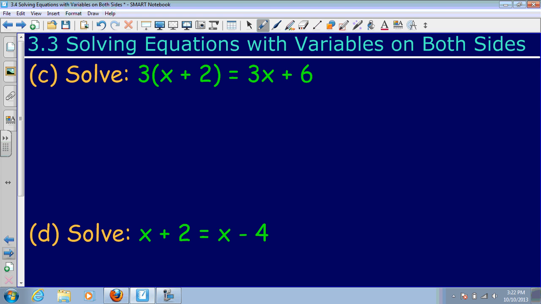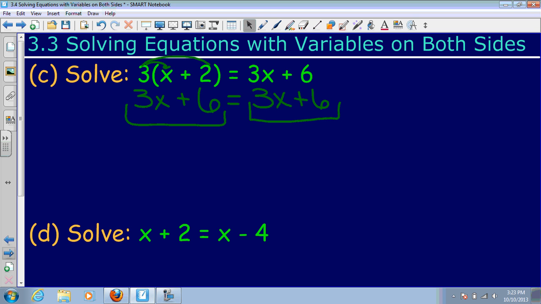C, what do we need to do first? We need to distribute. So 3 times x is 3x plus 3 times 2 is 6 equals 3x plus 6. Maybe you noticed something. Both expressions, 3x plus 6, 3x plus 6, are the same.